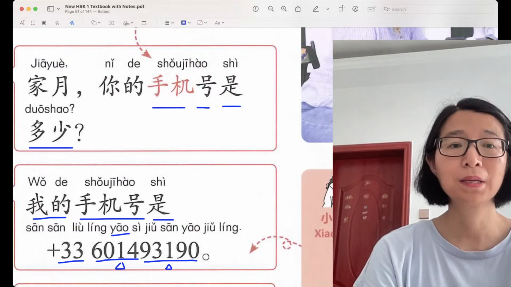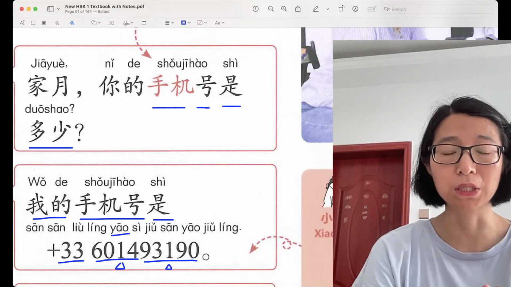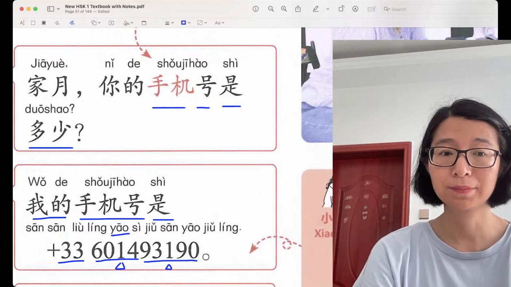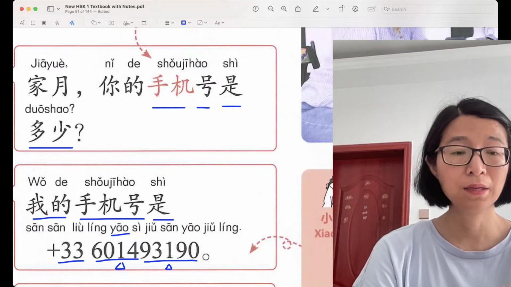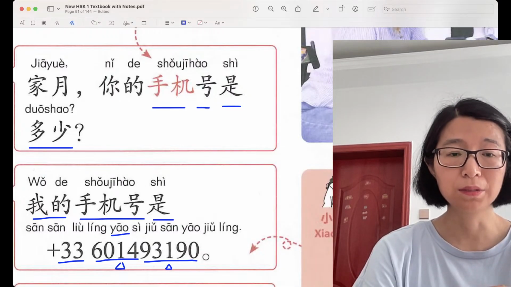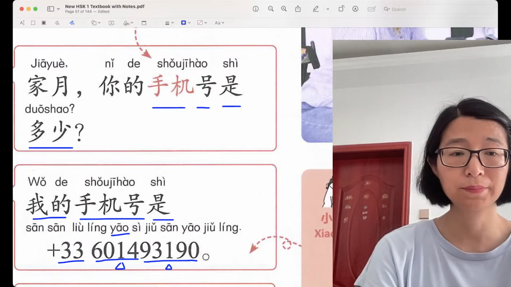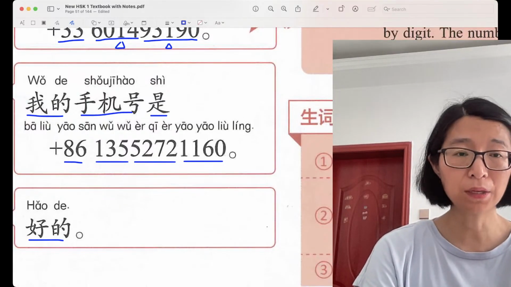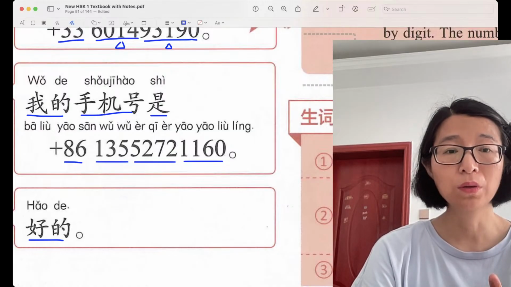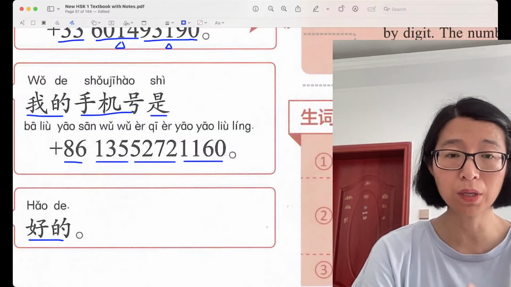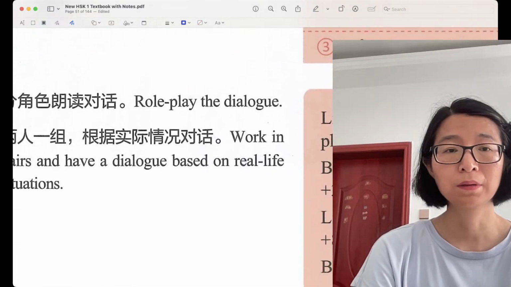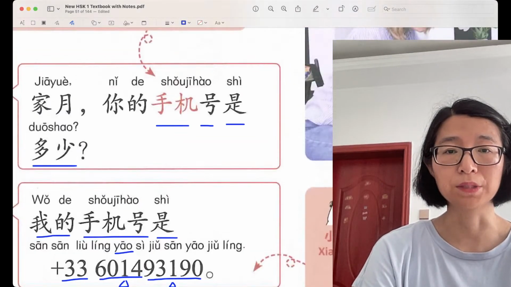Your turn. 你的手机号是多少？我的手机号是336014939190。我的手机号是86-135-5272-1160。好的。Okay, that is the text.